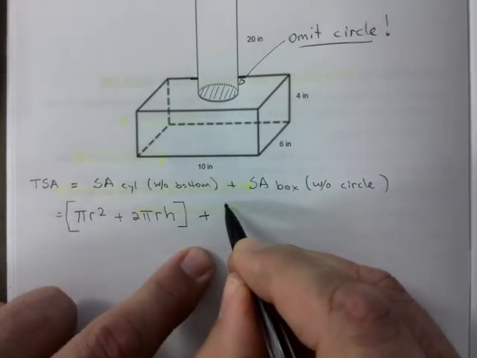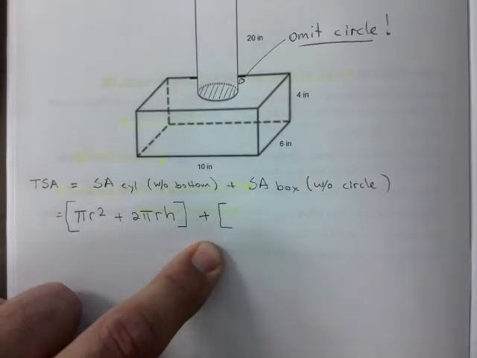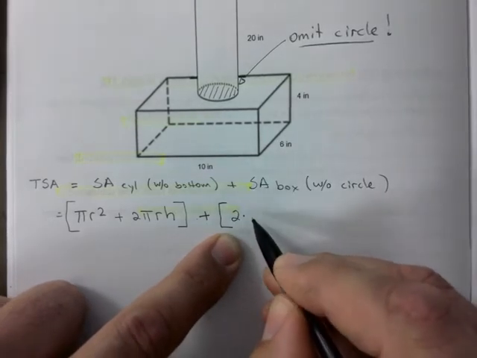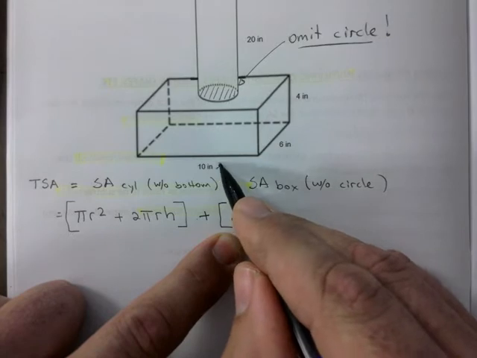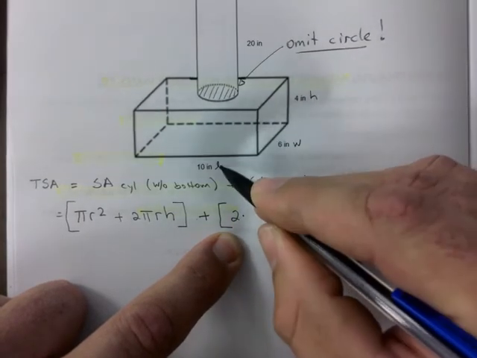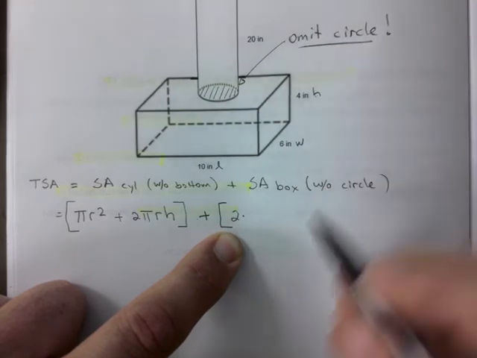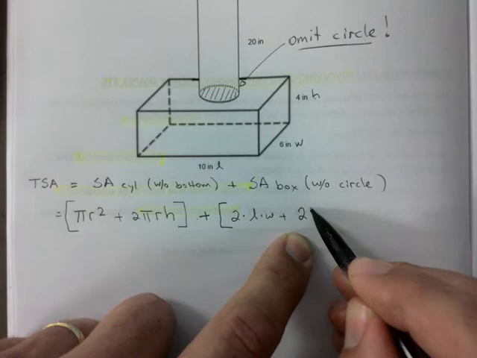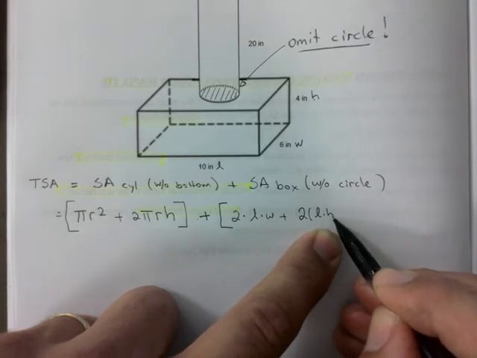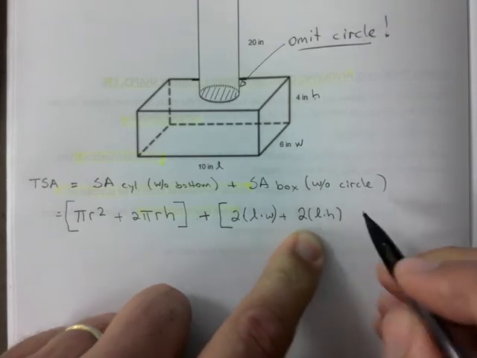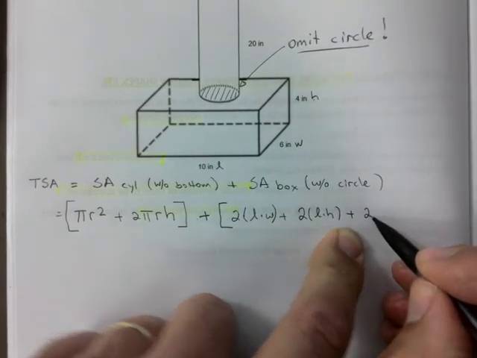Plus, do you remember what the surface area is of a box? 2 times, we'll go length, width, height. If that helps you, I'll do that on that. Right? So 2 times length times width plus 2 times length times height. I guess I'm going to do brackets like that. Plus 2 times width times height.